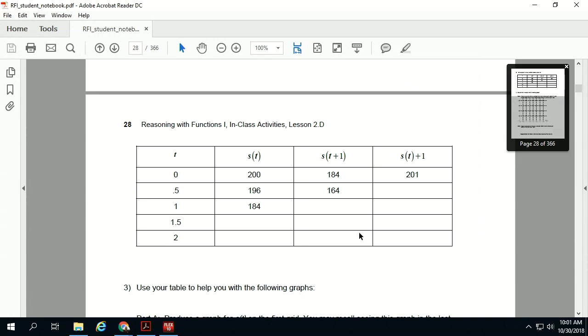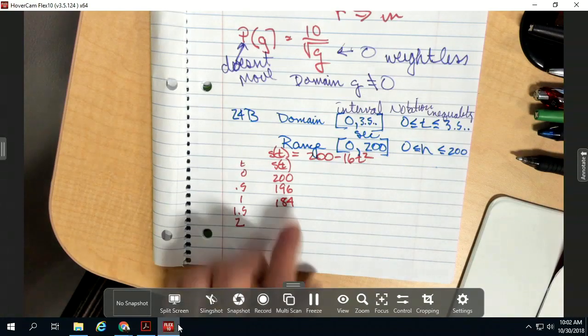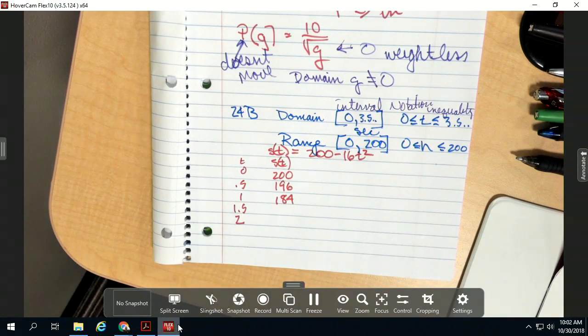Now remember, we're using the function S of t is 200 minus 16t squared. So how would we fill in this value here for 1.5? What would we press on our calculator?